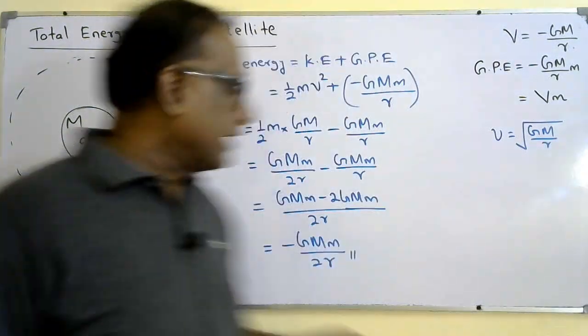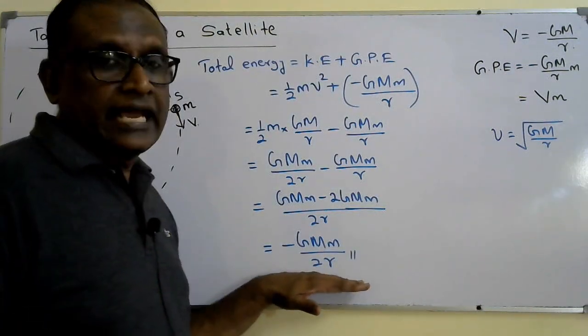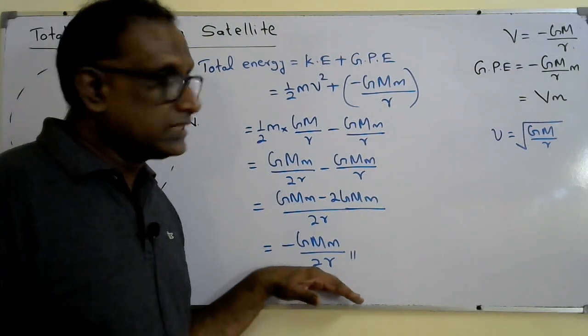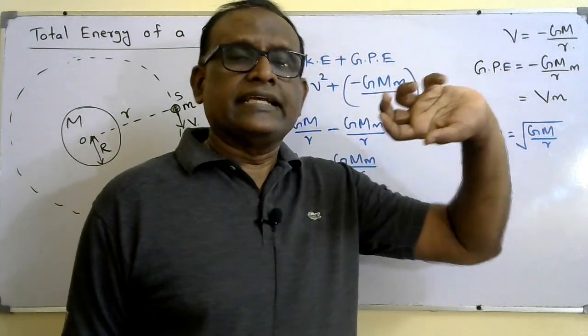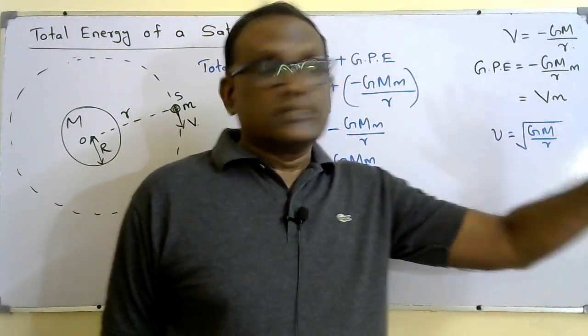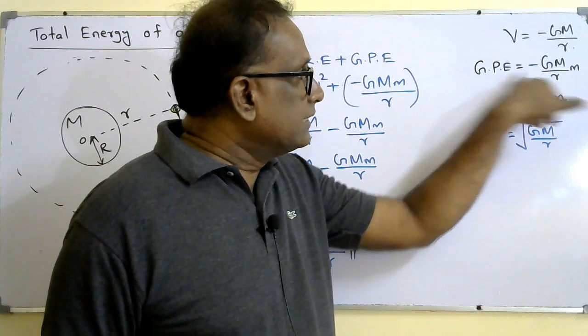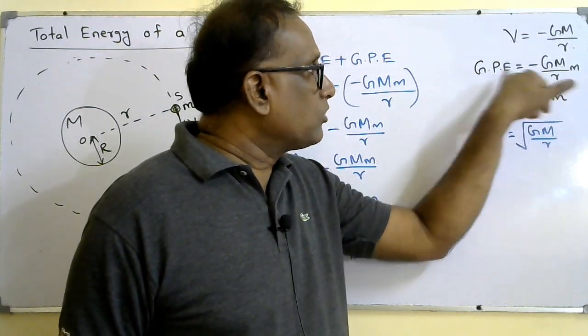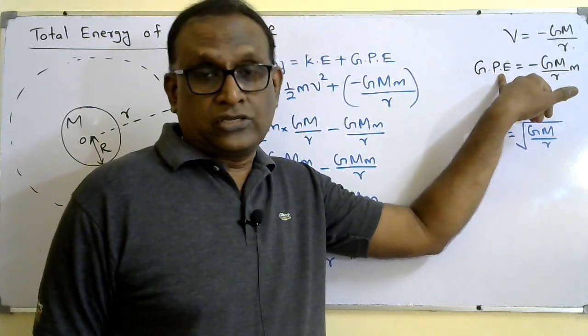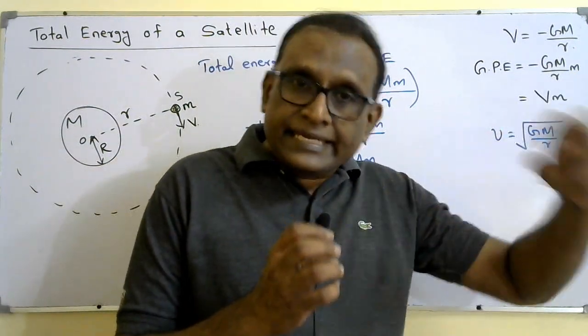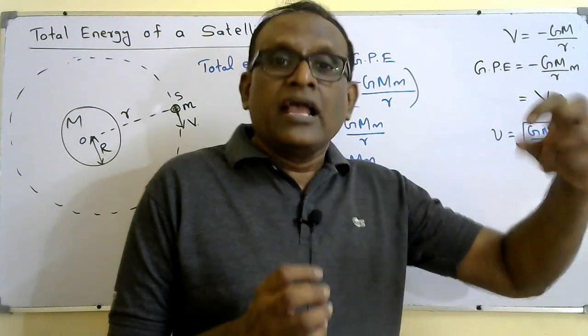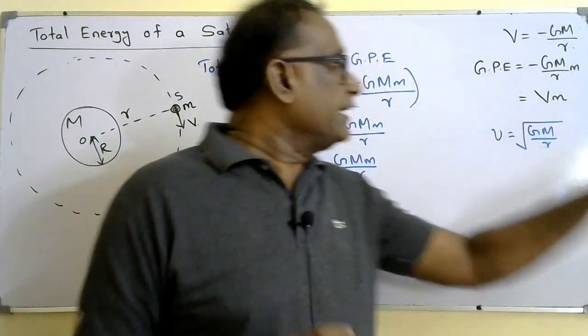We know that when r becomes infinity, that is when it is at a far distance, the gravitational potential energy will be equal to 0. And we know that when an object moves away from a planet, it gains gravitational potential energy. When it reaches infinite distance, the gravitational potential energy possessed by the object becomes 0.